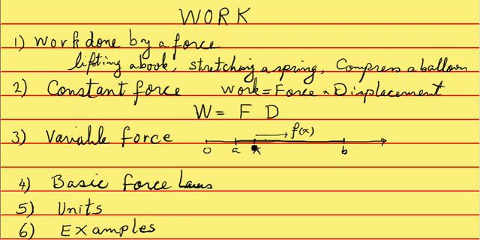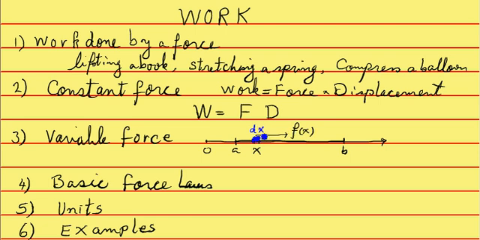To calculate the work in that case, we look at the differential or small displacement here. During this displacement, force is nearly constant. We take that force multiplied by the displacement in the vicinity of x.